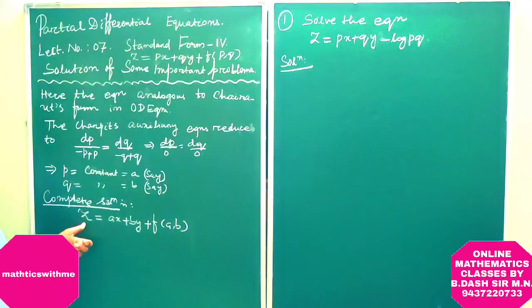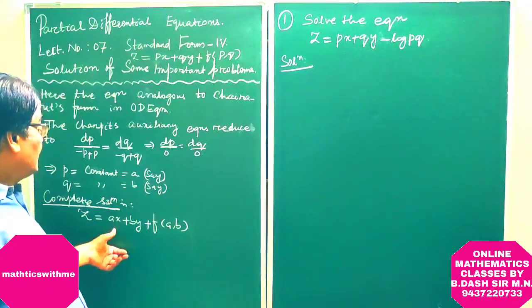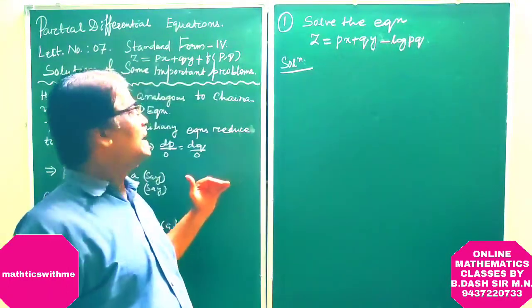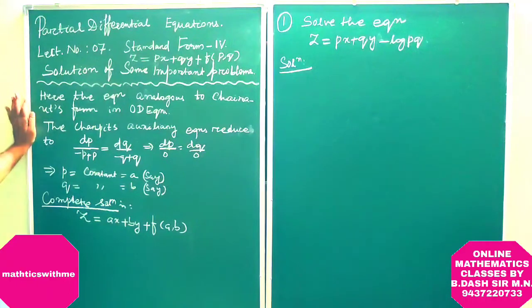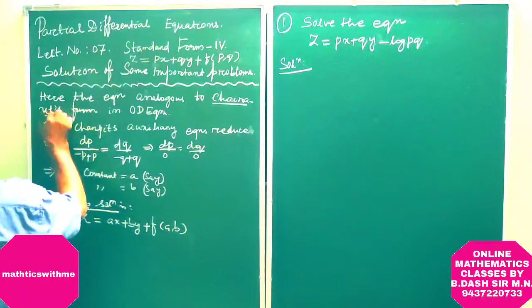The complete integral or complete solution in this case is given by z is equal to ax plus by plus f of ab. This type of equation is known as Clairaut's form of equation.